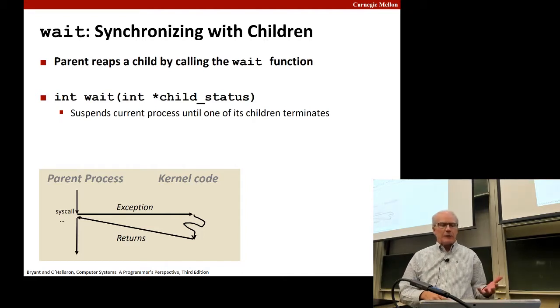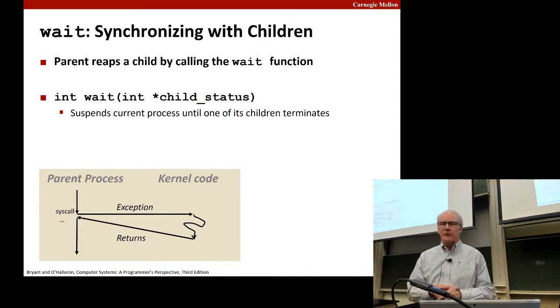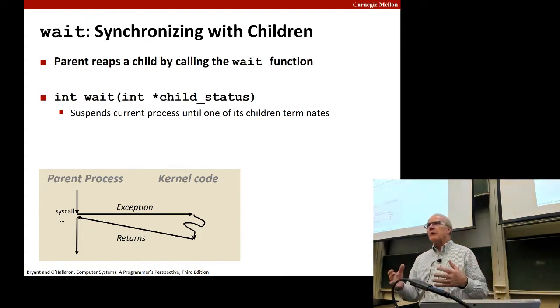So this form of it will wait, and if it's forked 20 children, then any one of those will cause it to return from this function. So wait is the first example we've seen where the program is just going to hang there and wait until something happens.